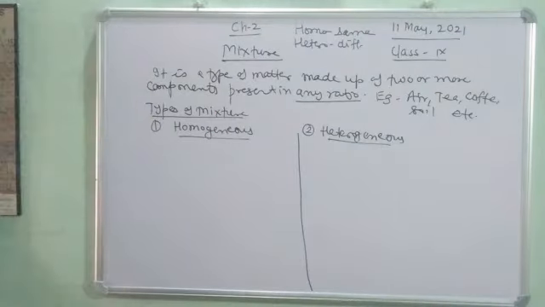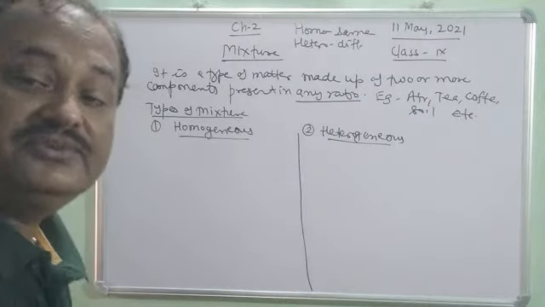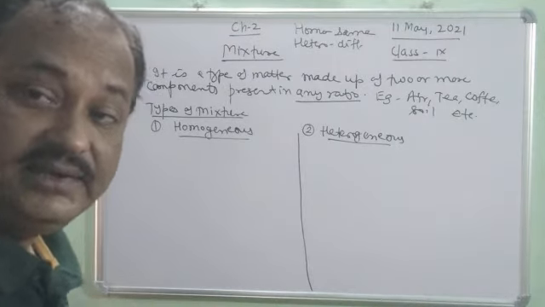A mixture is said to be homogeneous when we cannot distinguish between the components by the naked eye.